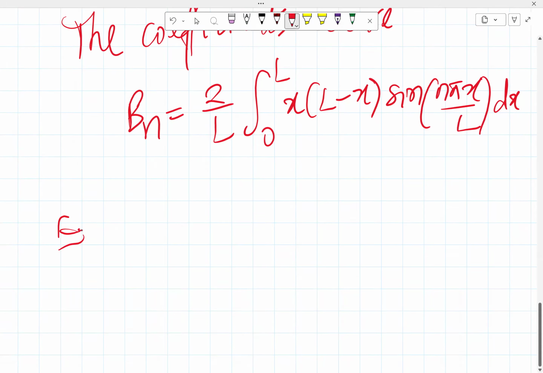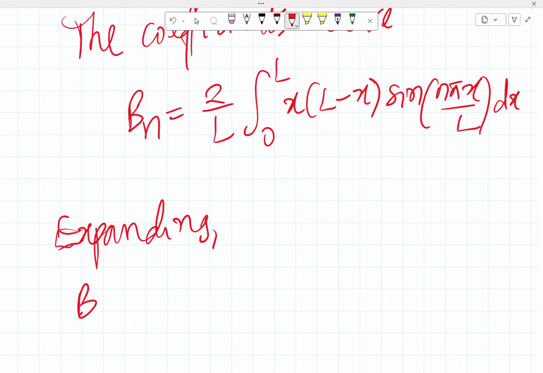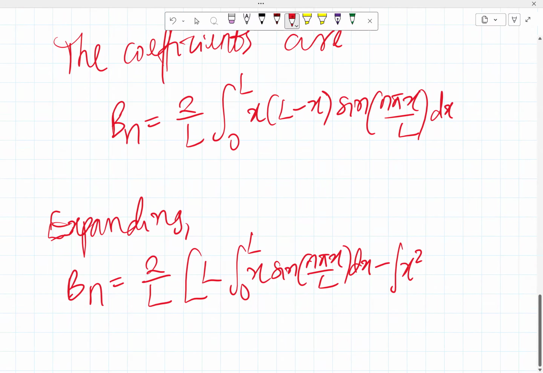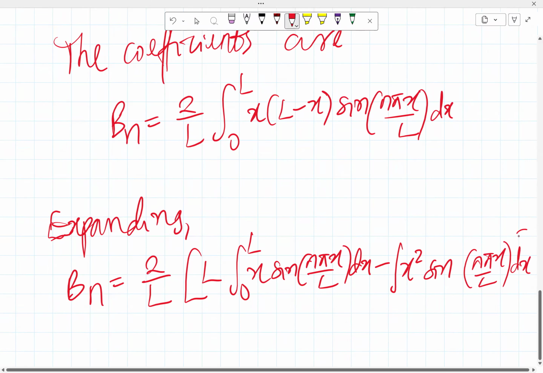If we expand that, we have b sub n equals 2 over L times L times the integral from 0 to L of x sine of n pi x over L dx, minus the integral of x squared sine of n pi x over L dx, like that.